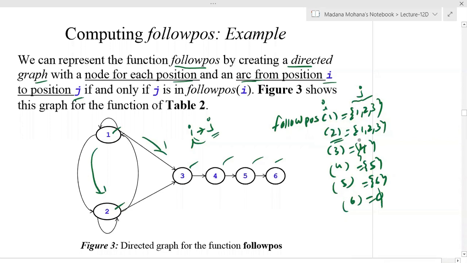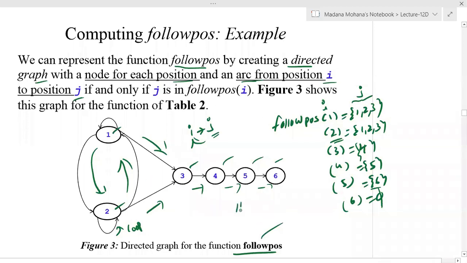So from 2 you connect the direction from the current node to the next node, taking outward directions. Now 2 to 1. Here you can see this is 2 to 1. Then 2 to 2, this is a loop. Then 2 to 3. Then from 3 to 4. Then from 4 to 5. Then from 5 to 6. From 6 we don't have an outgoing transition. So now this is the directed graph for the function follow position.